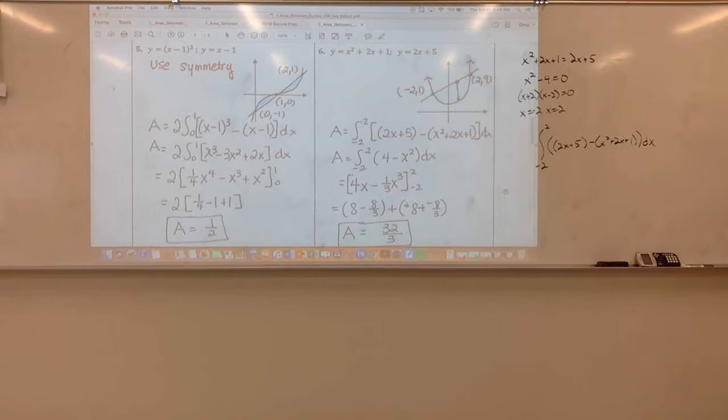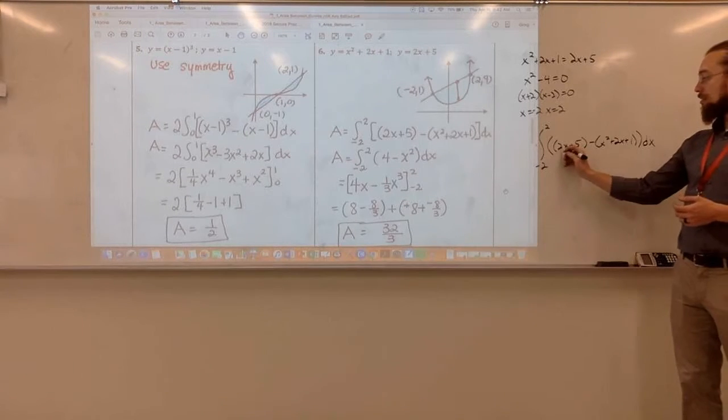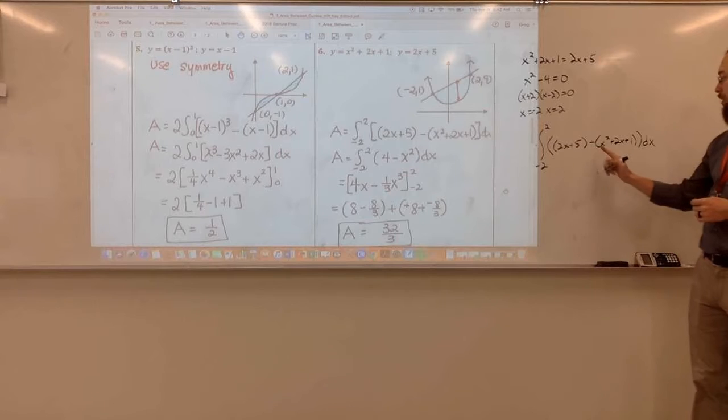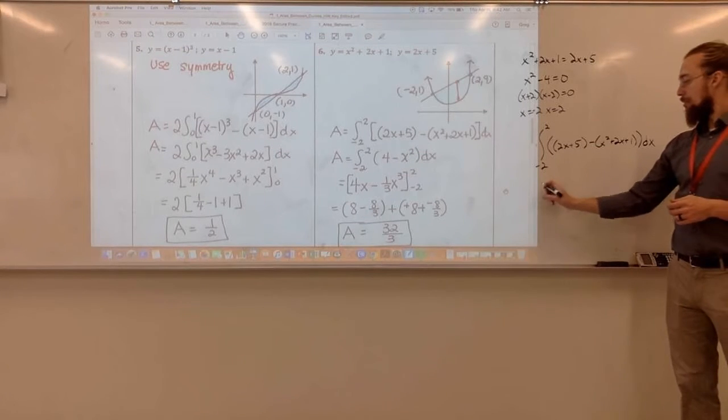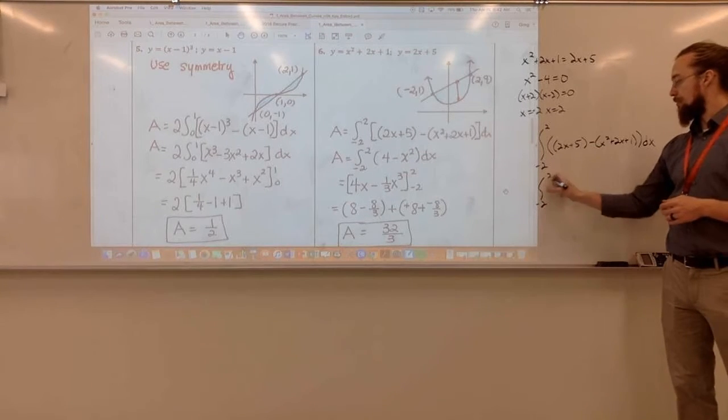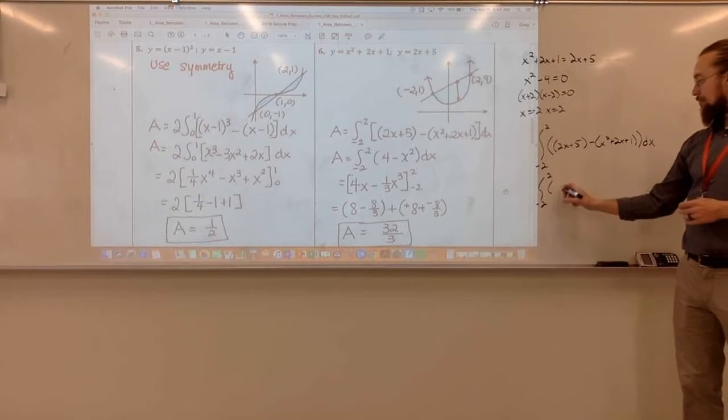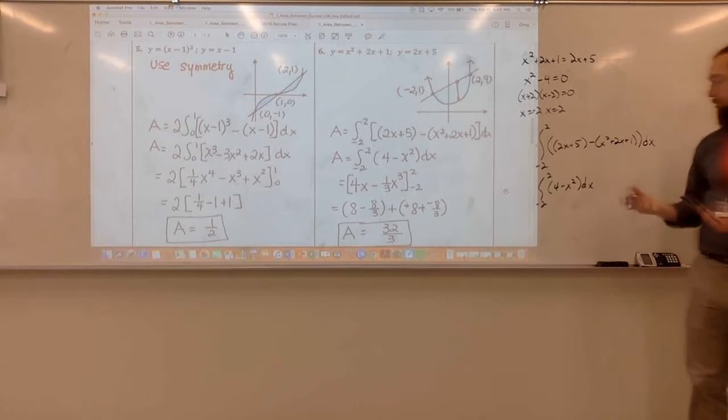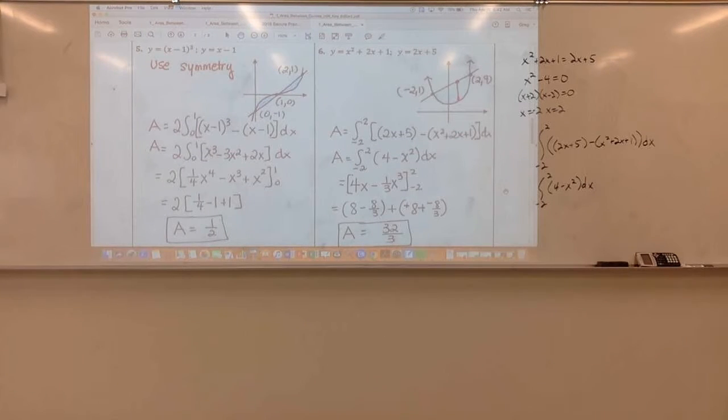Then I can combine my like terms and take the antiderivative. So the 2x's again would cancel, and we would just end up with the integral from -2 to 2 of 4 minus x squared.